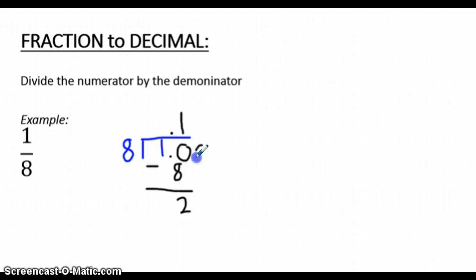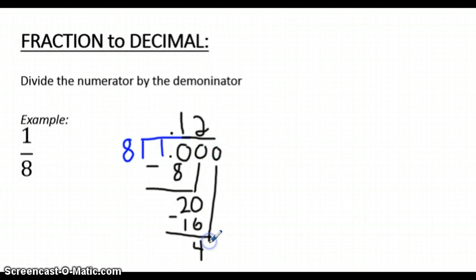We have that remainder of 2, so we're going to add another 0 and bring it down. 8 goes into 20 2 times. 2 times 8 is 16. 20 minus 16, we're going to get 4. Add another 0, bring it down. And then 8 goes into 40 5 times. 5 times 8 is 40. 40 minus 40 is 0.